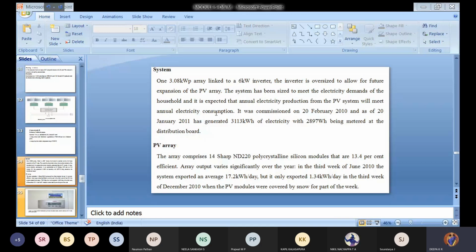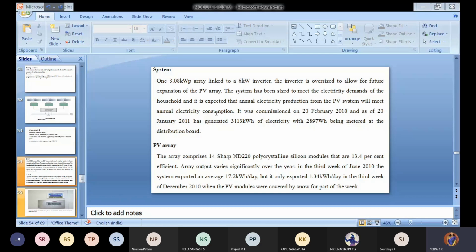It was commissioned on 20th February 2010, and as of 20th January 2011 it has generated 3,113 kilowatt hour of electricity, with 2,897 kilowatt hour metered at the distribution board. They are giving clarity on how much is produced in 1 year, because you have to get an output the same as the electricity you consume from other sources.